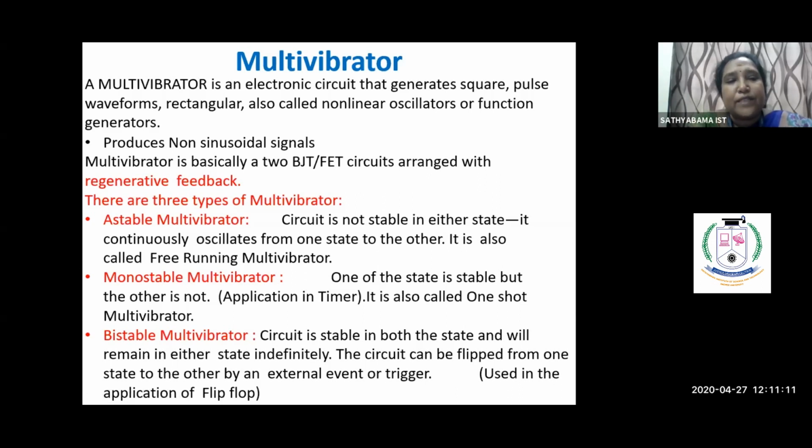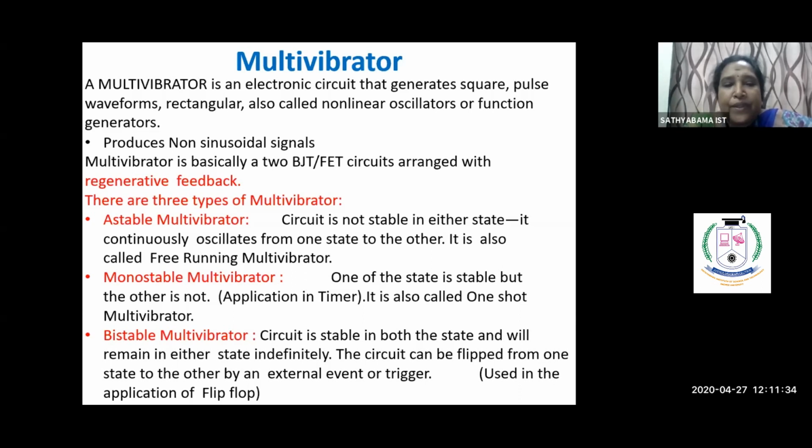Then we'll take the monostable multivibrator. From the word you can understand, mono means single. So it is the single state multivibrator. It will have only one stable state. The other state we call a quasi-stable state. What does it mean?